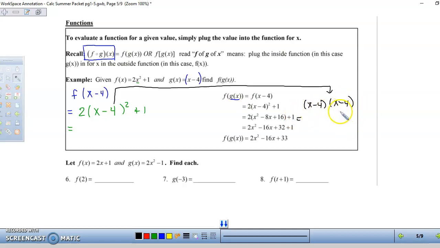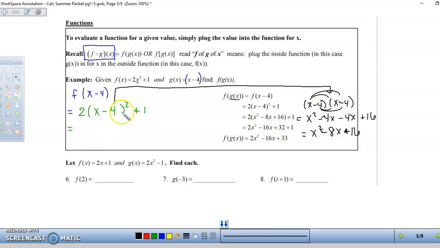You have to remember there is a middle term when you are squaring a binomial. So when you FOIL this, you get x squared minus 4x minus 4x plus 16, right? You do first, outside, inside, last. So I get x squared minus 8x plus 16. So you have to be very, very careful when you are squaring a binomial that you get that middle term, and that's what that is.